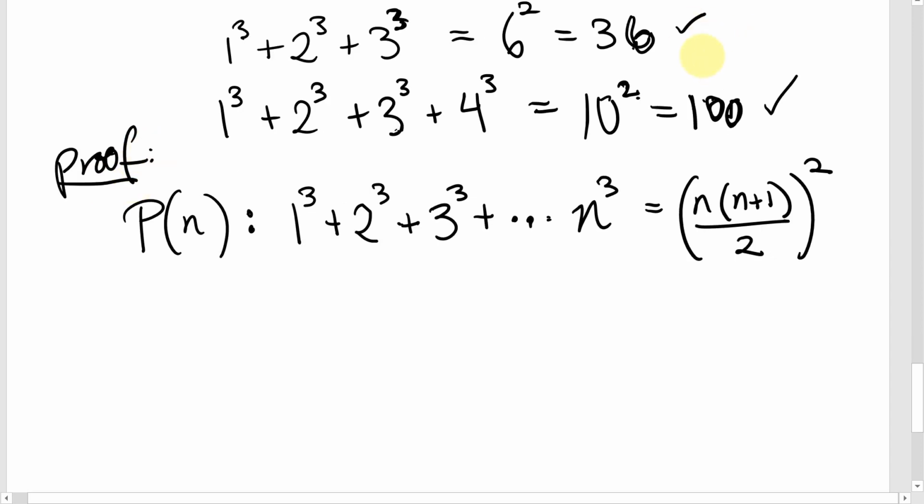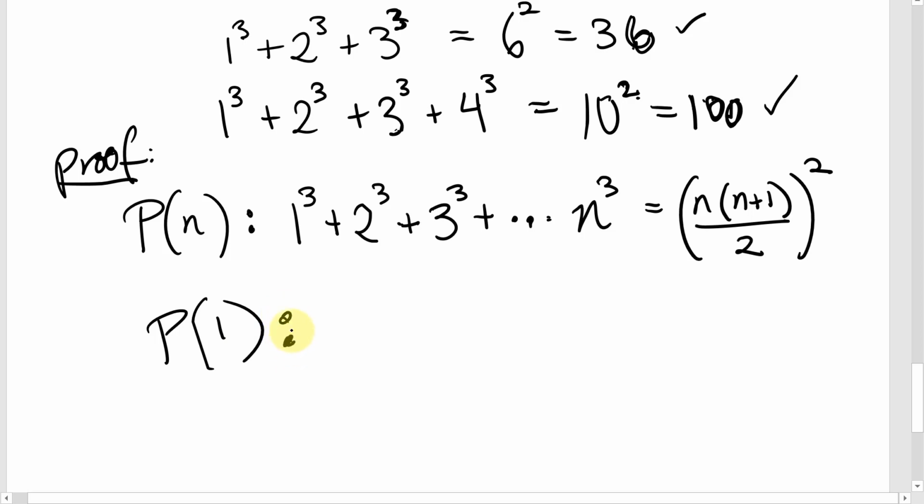So all of this stuff up here was just some examples to look at the interesting pattern, but now begins the proof. So I will create the statement P of n that I want to show is true. I want to show that it's true at some particular base case, and I'm going to choose 1. So let's see if it's in fact true at 1.